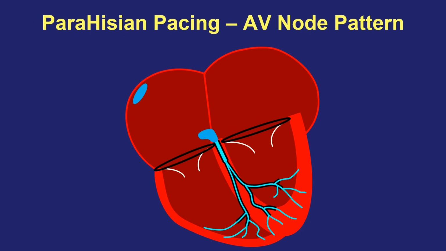All right, let's review how this maneuver can be helpful to distinguish retrograde conduction over the AV node versus retrograde conduction over a concealed septal accessory pathway. Here we're pacing in a scenario where we only have an AV node connecting V to A and A to V. And at high output, as I said, you're going to capture both ventricular myocardium and the His bundle.